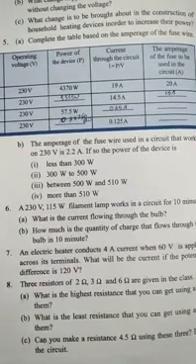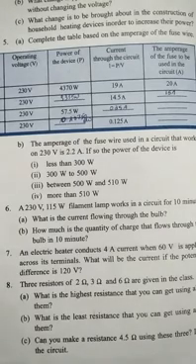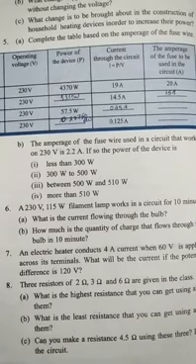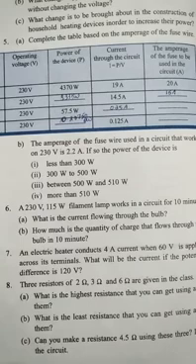And third, sub-question C: what changes are to be brought about in the construction of household heating devices in order to increase their power? To increase the power, V and I should be greater. If V and I are more, then power also increases.